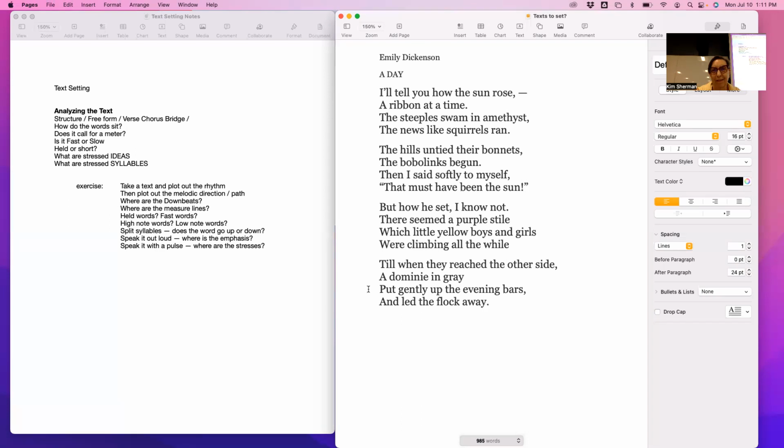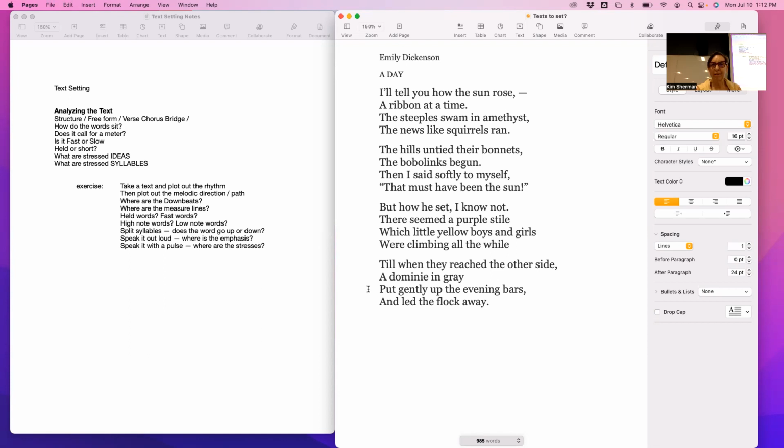Then I said softly to myself, that must have been the sun. But how you said, I know. There seemed a purple stile, which little yellow boys and girls were climbing on the wall. Till when they reached the other side, a dominie in gray looked gently up the evening fires and then the clock.